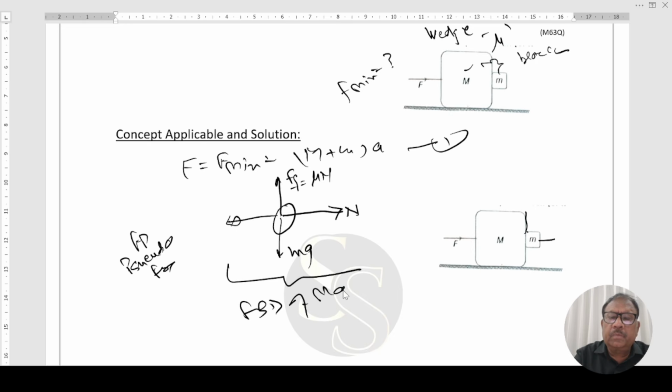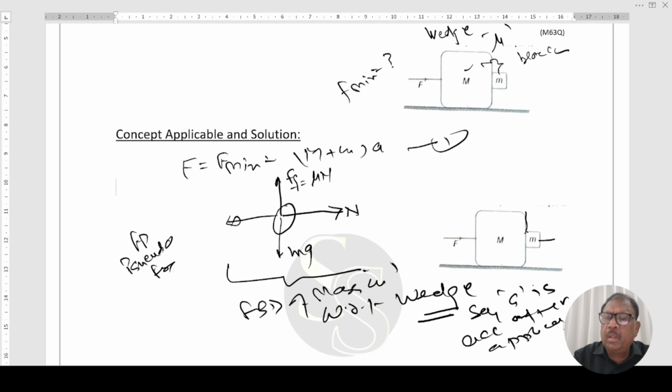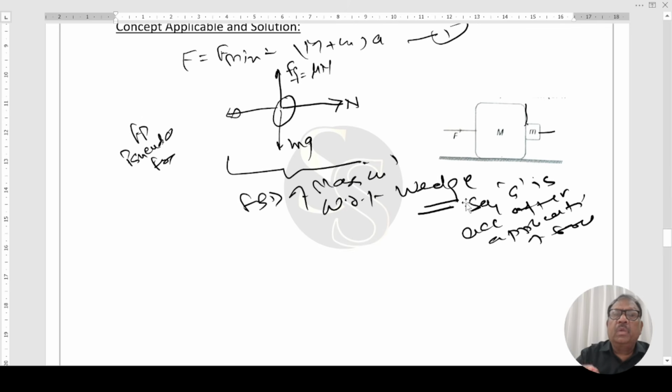of mass m with respect to the wedge. As the wedge is moving with acceleration A after application of force, the force will be equal to (M plus m) into A. Now, this is the x-axis and this is the y-axis.